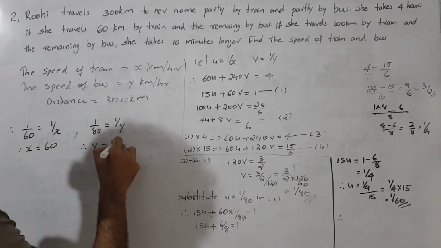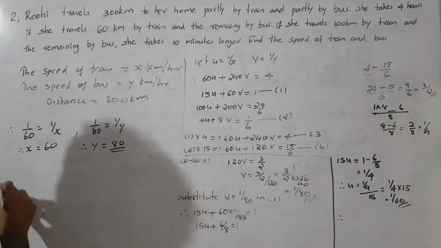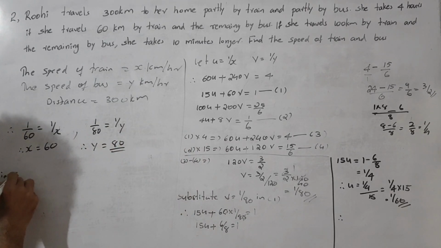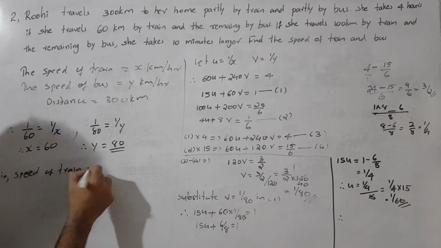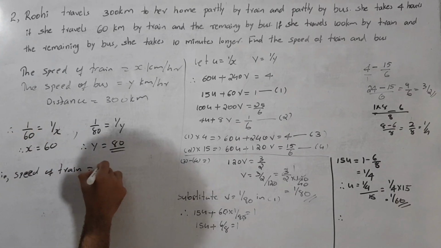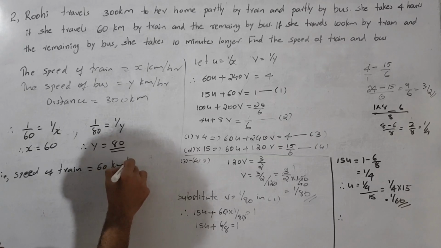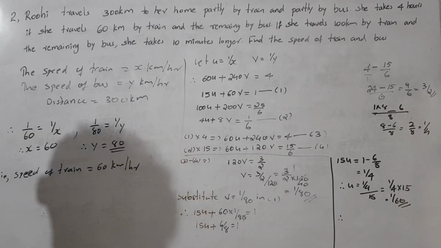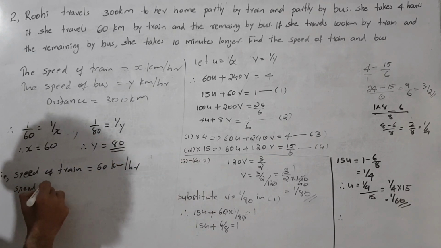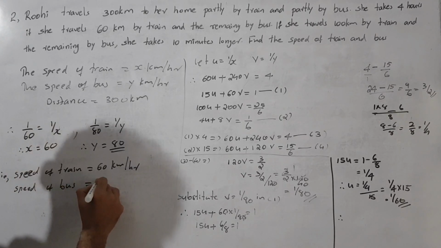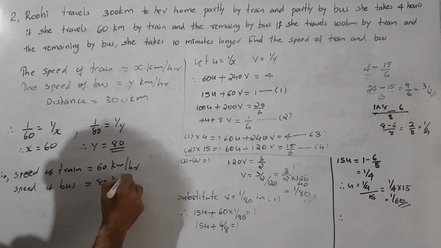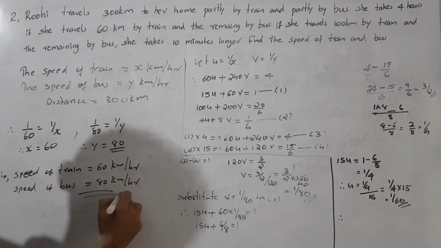Therefore, y is equal to 80. That is, speed of train is equal to 60 kilometer per hour. Bus is equal to 80 kilometer per hour.